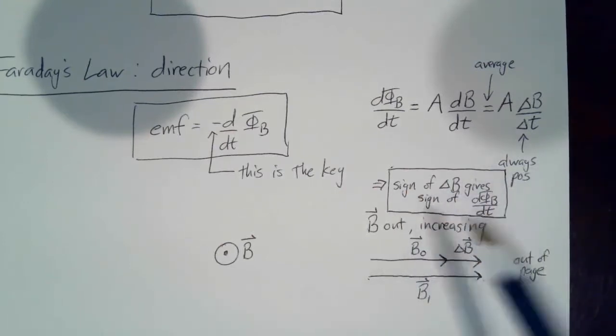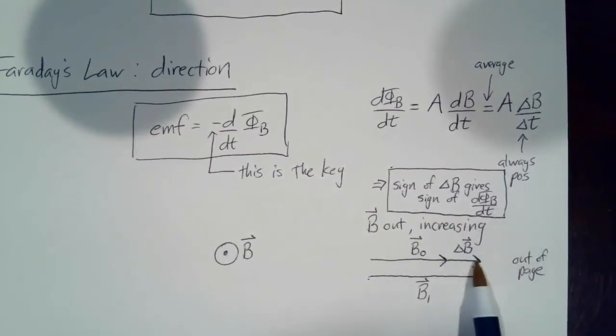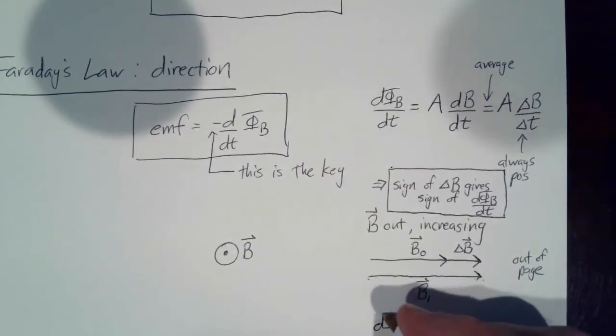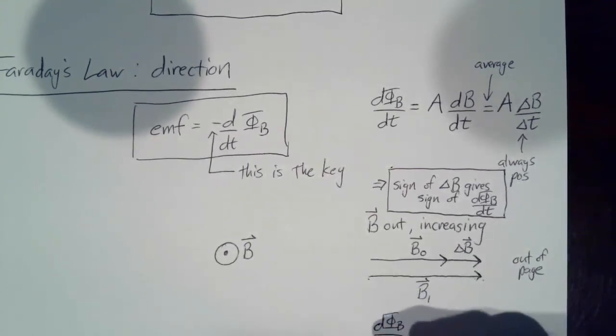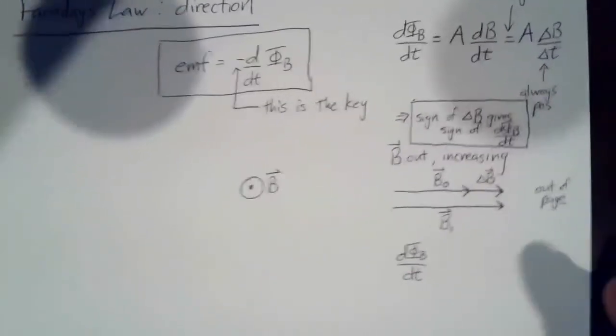The sign of delta B gives the sign of d phi dt. And so here the sign of delta B is, well, out of the page, okay? That would be the direction. So I'm going to write d phi dt is out of the page.